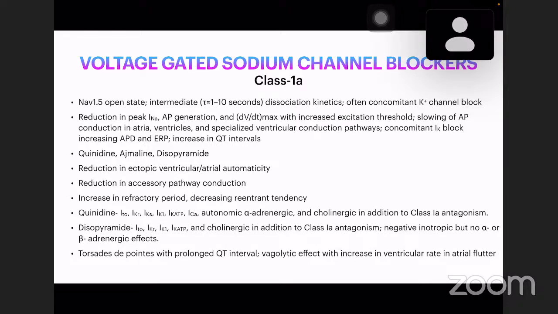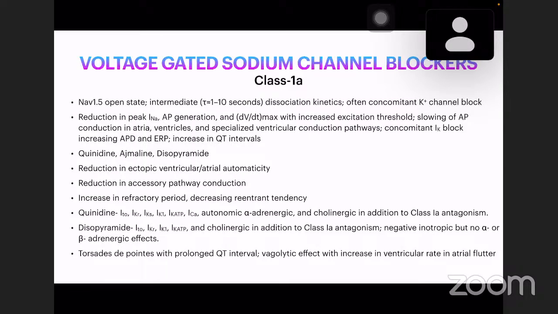So how is it helpful? It reduces ectopic ventricular or atrial automaticity, decreases accessory pathway conduction, increases the refractory period, and decreases re-entrant tendency.